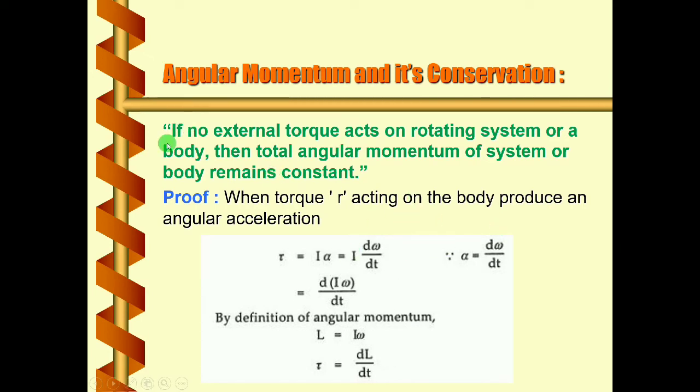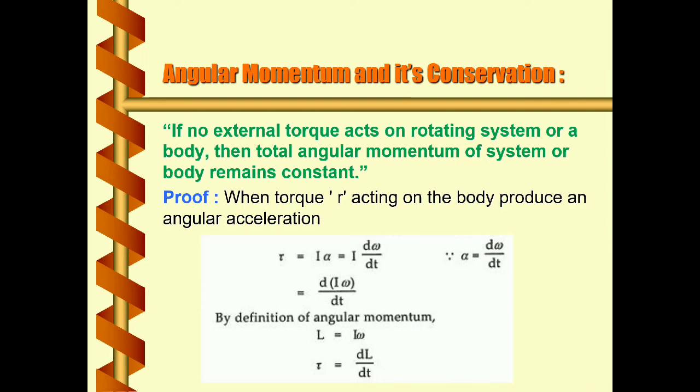So what is the principle or statement here? You have to remember this statement: if no external torque acts on a rotating system or body, then the angular momentum of the system or body remains constant. That means if no torque is acting on the body, the angular momentum of that body will remain constant.